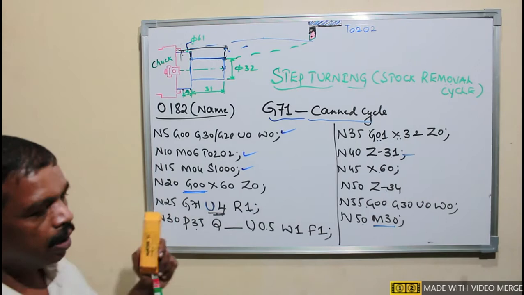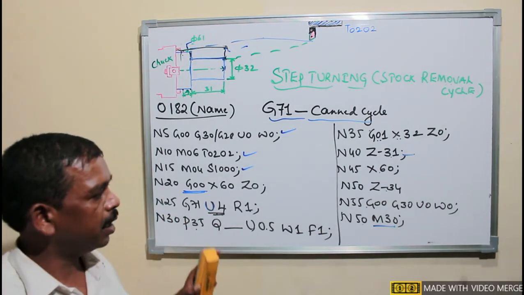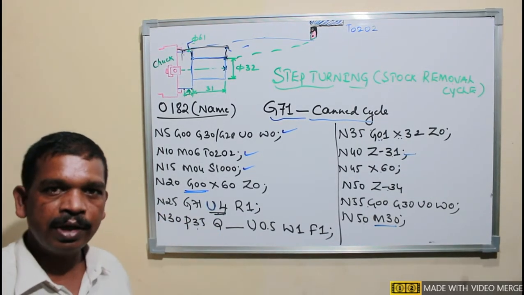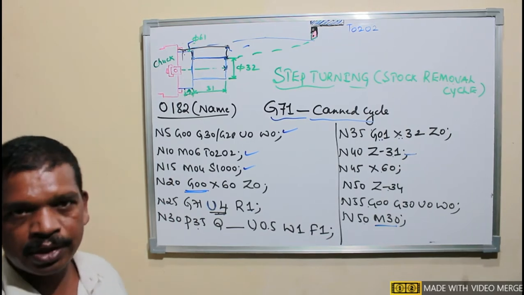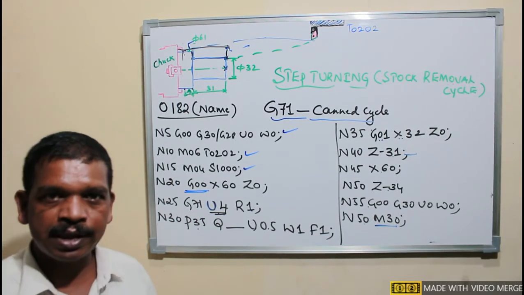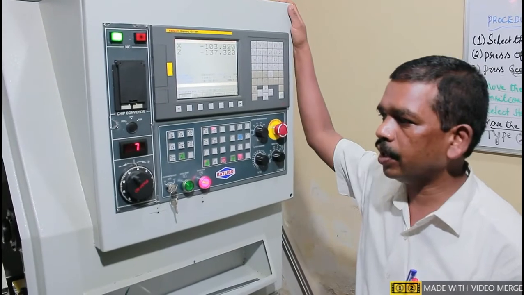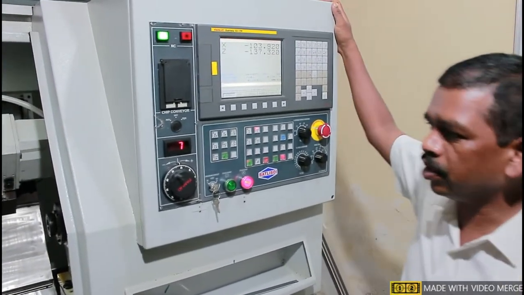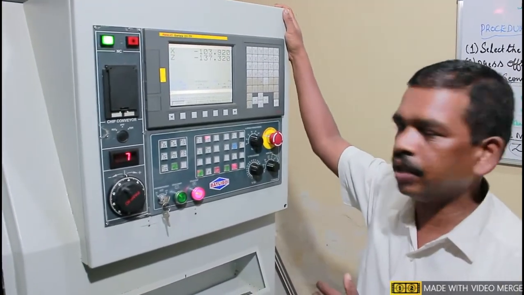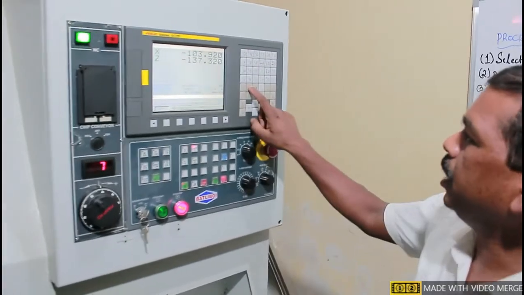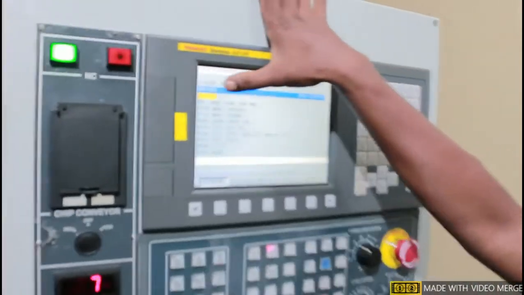Now I will show you how these instructions will actually produce the required shape and size of the workpiece. Okay friends, let me show you the stock removal cycle in the CNC machine. The program is already there. See here, this is the program.